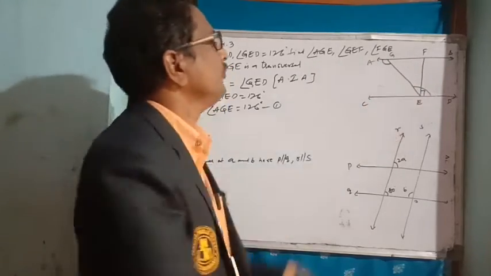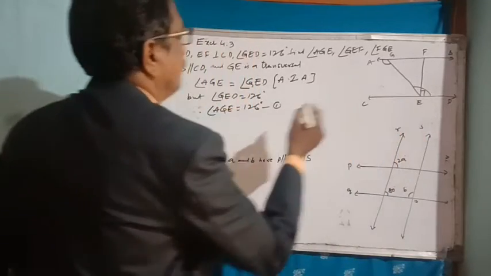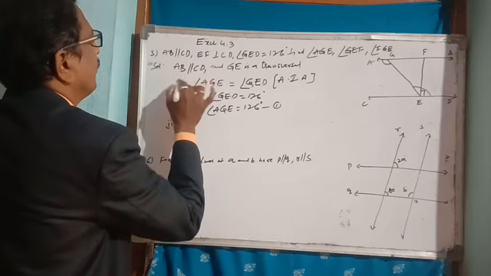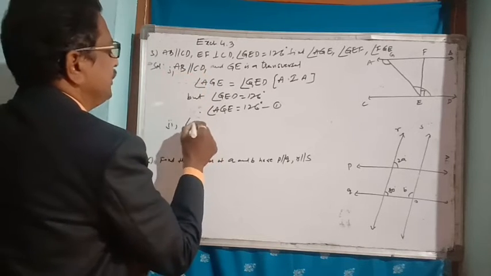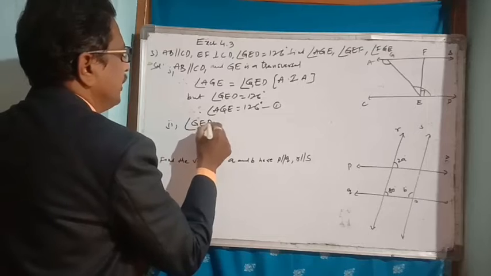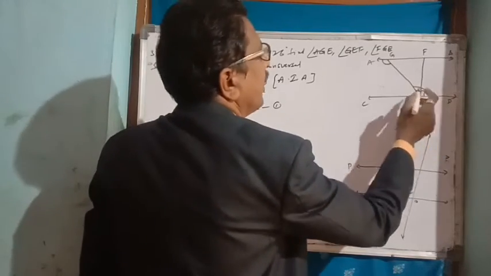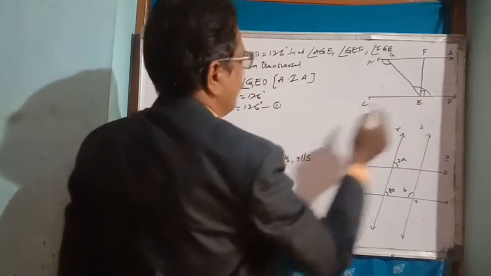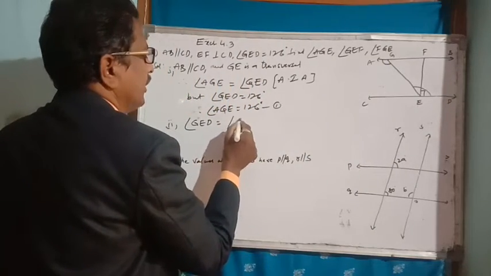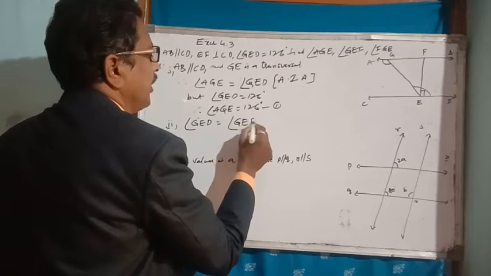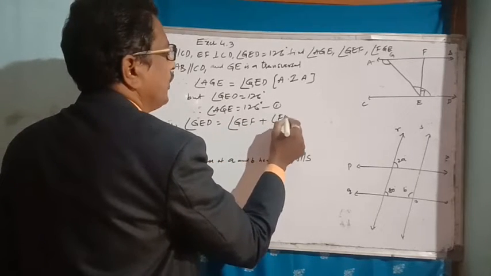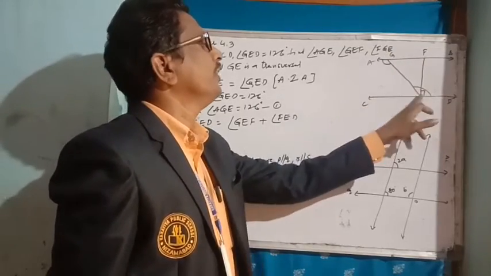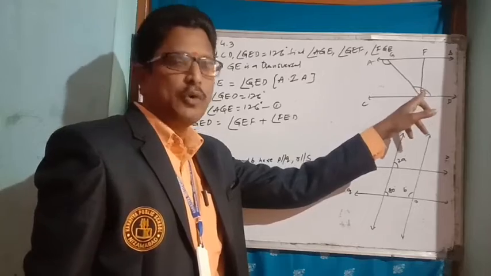See here, from here to here, this angle. Second one; this is the first one, angle GED. GED I divide into two parts: GEF and FED. So angle GEF plus angle FED, GED divided into two parts.